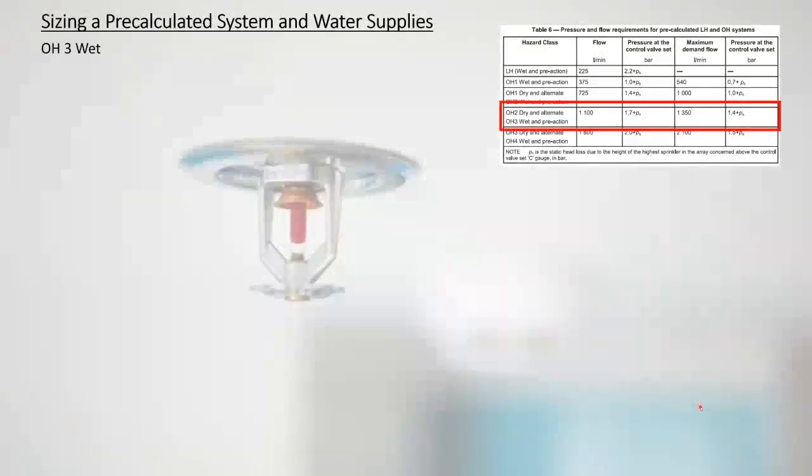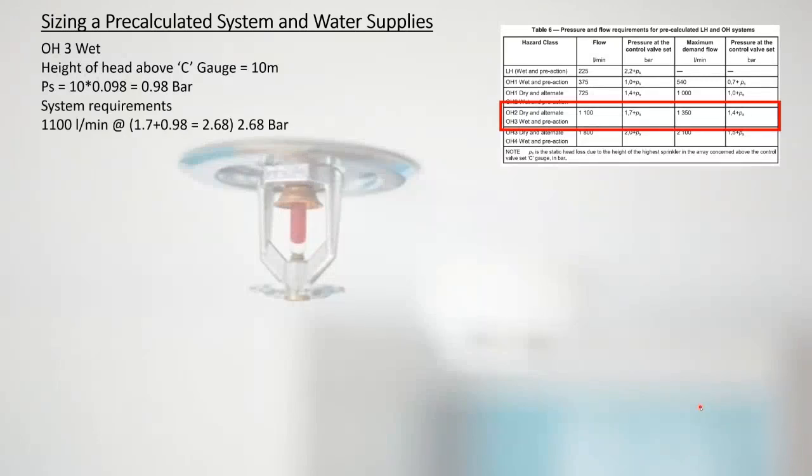Okay, so just to recap on that. So PS, with 10 metres high, so 10 metres is 0.98 bar. Okay, we've got ordinary hazard group 3. Our system required there would be 1100 litres a minute at 1.7, which you get from the table, plus the 0.98, so it would be 2.68 bar. 1350 would be 1.4 plus the PS, 2.38 bar.